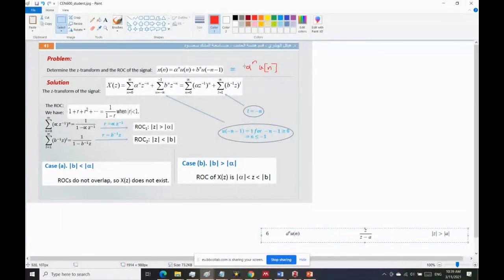No problem. But the second part is a problem. It's b to the n times u[-n-1]. Oh, it's not u[n]. It's not the same format. So a little manipulation, we're thinking.